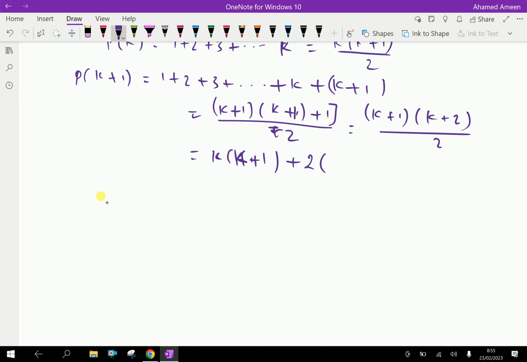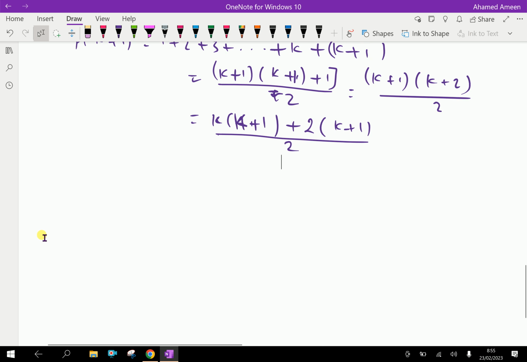We are expanding these two things: k into k plus 1 and 2 into k plus 1, by 2. Therefore, this last equation shows that P of k plus 1 is true.